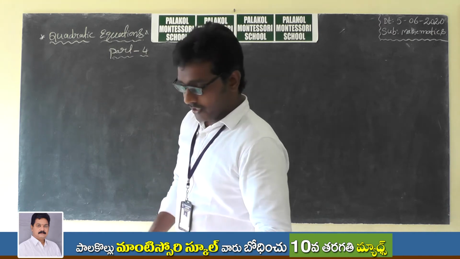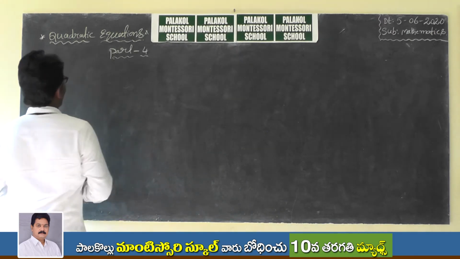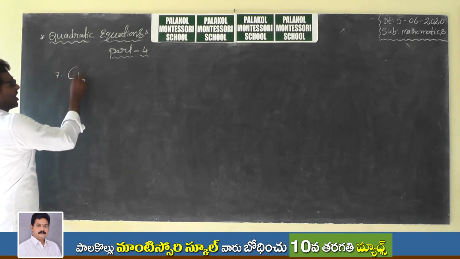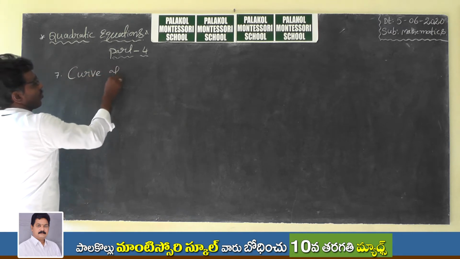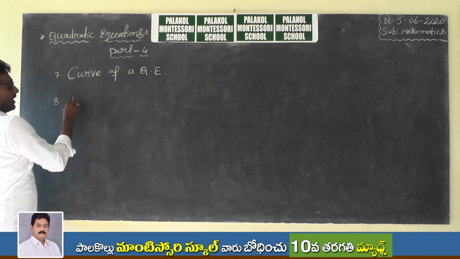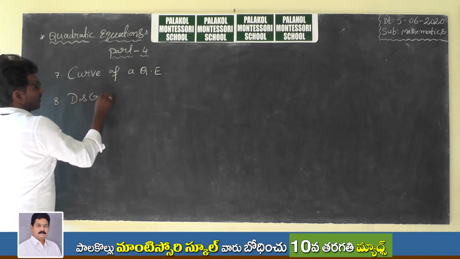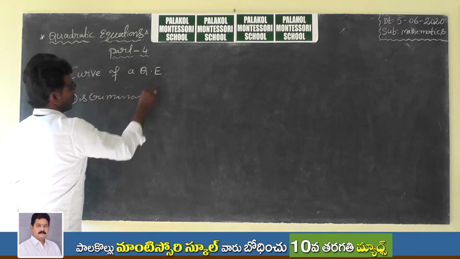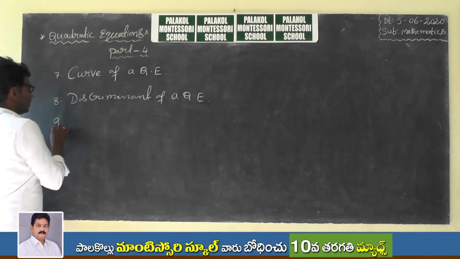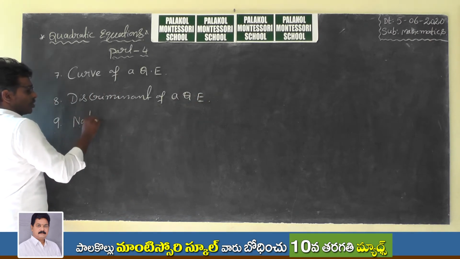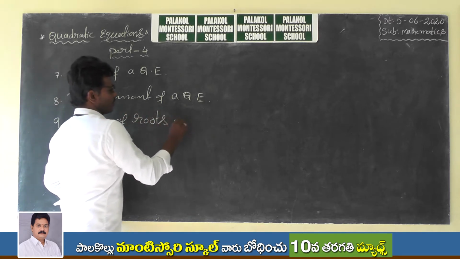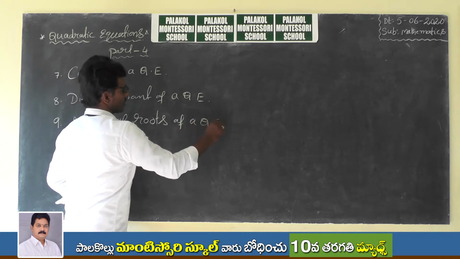First I write the remaining 3 subtopics on the blackboard. The 7th one, curve of a quadratic equation. The 8th one, discriminant. The 9th one, the last one, nature of roots of a quadratic equation.